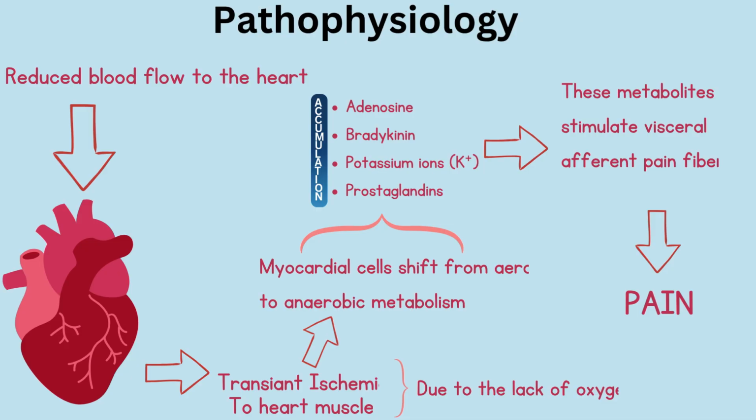Because the heart muscle isn't receiving enough oxygen, the myocardial cells switch from aerobic metabolism to anaerobic metabolism. As a result, metabolites such as adenosine, bradykinin, potassium ions, and prostaglandins begin to accumulate. These metabolites stimulate visceral afferent pain fibers, producing the characteristic chest pain experienced by the patient.